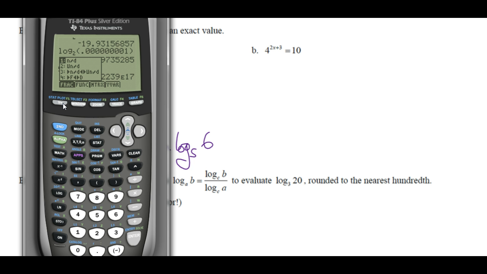Ah, there we go. There's log base. So if you hit alpha on this, you'll get into the different menus. Oh, hey, I did not know that. That's actually useful.